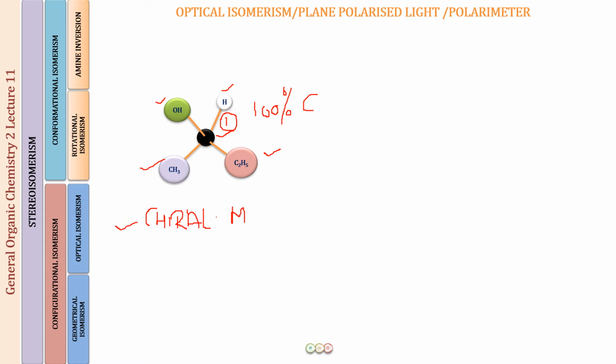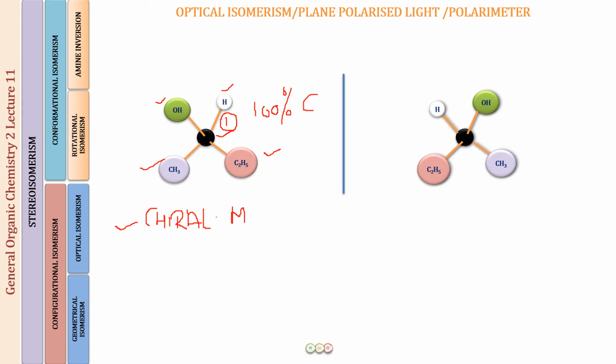Now when we have a chiral molecule, this means that in nature there is a possibility that if this butane-2-ol goes with a mirror and tries to search for somebody who is a mirror image of it, it may find that, right? So what did he find with the mirror? Well, he found that there was another compound having the same molecular formula, the same structural formula, but differing in the spatial arrangement of atoms.